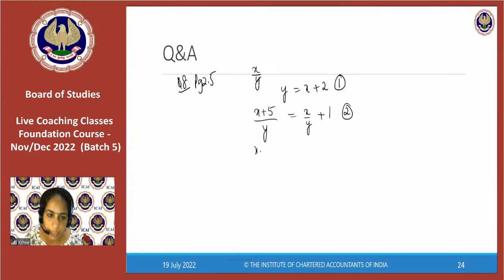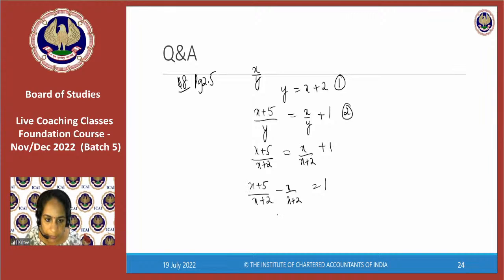Just substitute the value. x plus 5 upon x plus 2 is equal to x upon x plus 2 plus 1. Bring both of them into one side. So x plus 5 upon x plus 2 minus x upon x plus 2 equals 1.